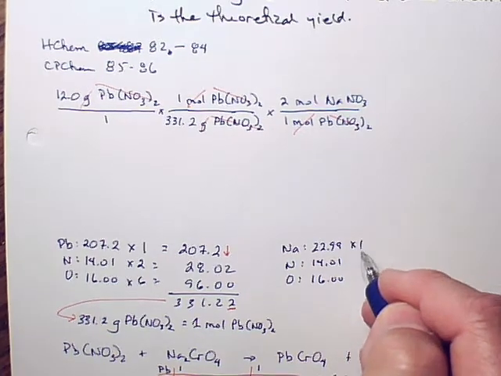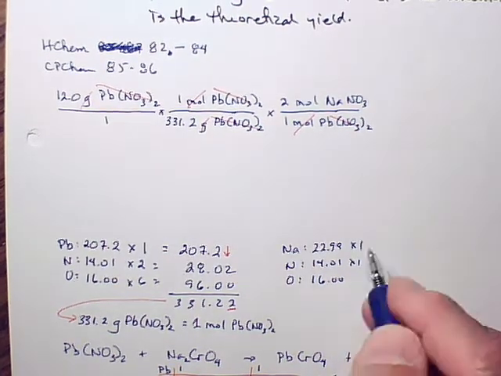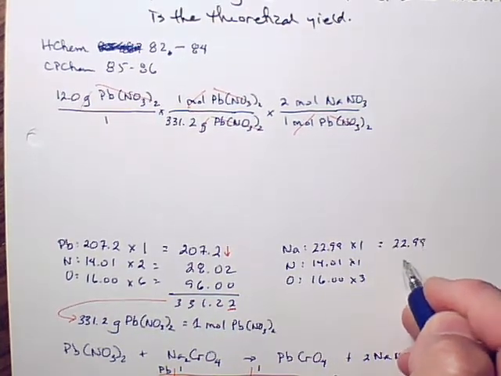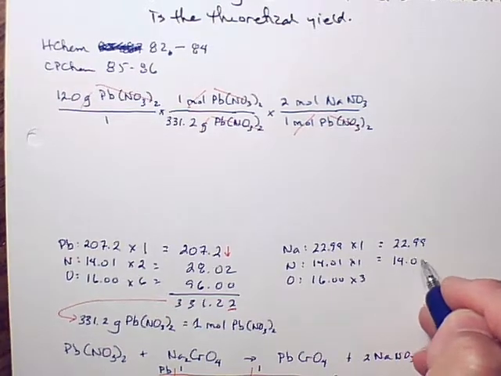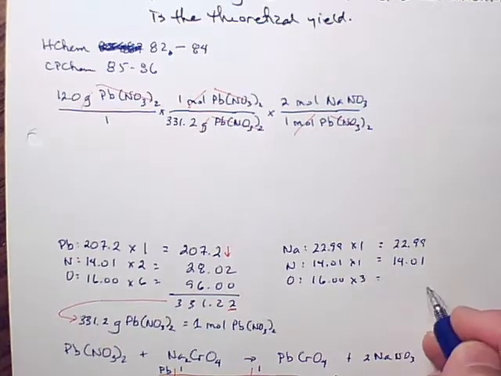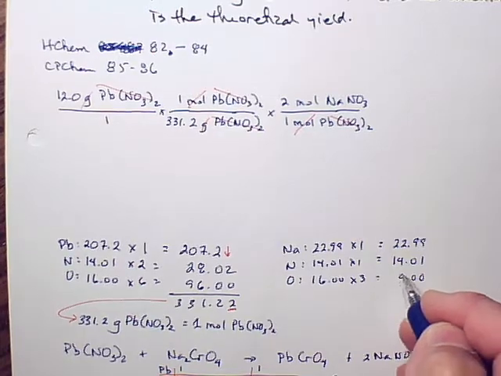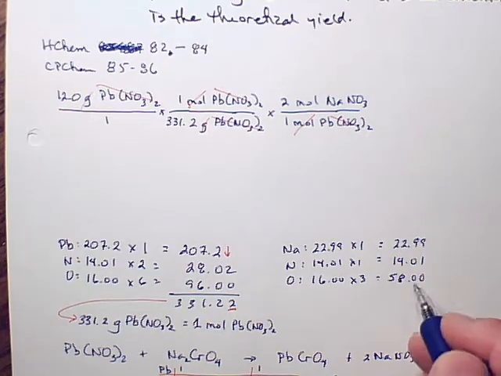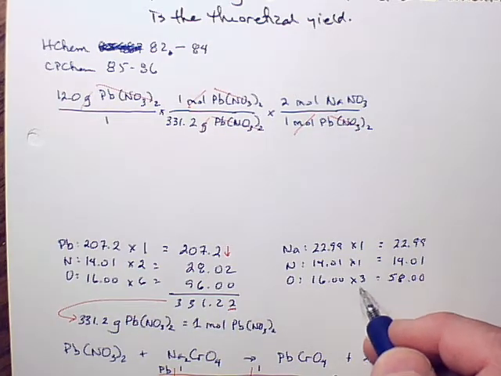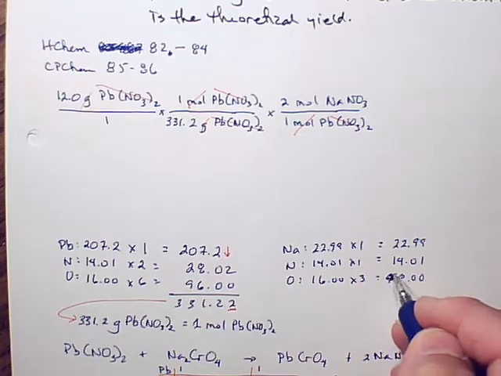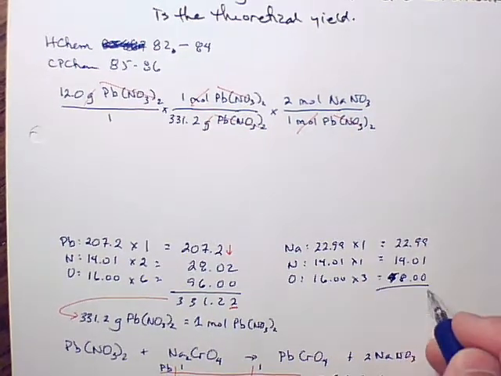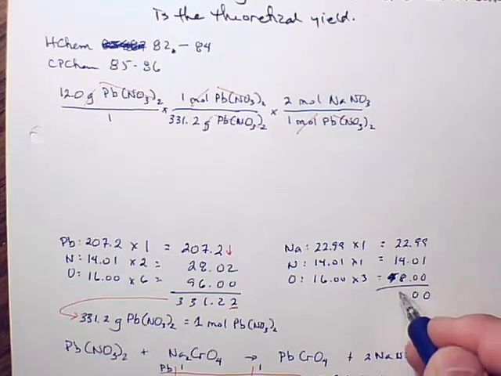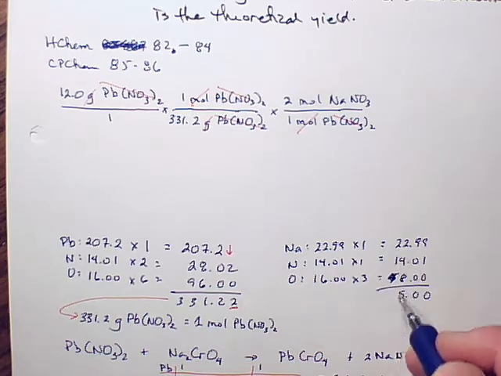We're going to have one of these and one of these, and looks like 3 of these. 22.99, 14.01, and let's see, this is 48? You're right, 48. Okay. So this is 10, and that'll be also 10. And that would be 15 then, and then 8, right?